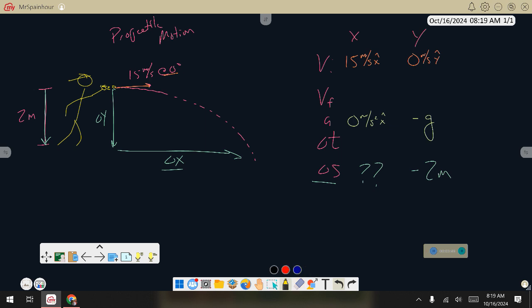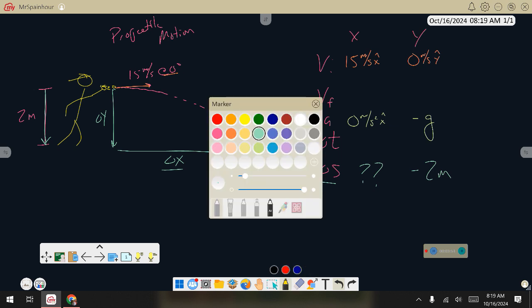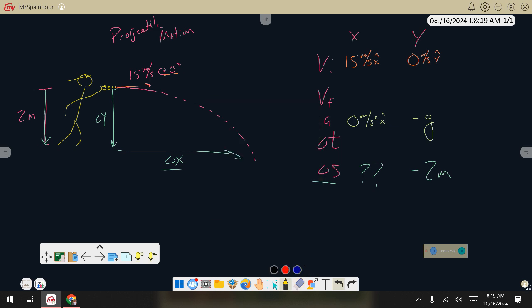Now, I made mention the other day that a 0 acceleration right here along the x means the velocity is not changing, or the x velocity is not changing. So we could take this and put it right here, but that's not really new information. All 3 of these together really just say, hey, the velocity is a constant, 15 meters per second in the x direction.